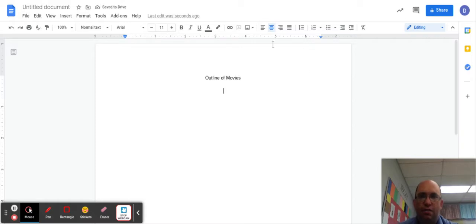And then we are going to start off by organizing our outline using Roman numerals. And what's a Roman numeral? Well, Roman numeral 1 is I, capital I, Roman numeral 2 is II, and Roman numeral 3 is III. You've probably seen those before.